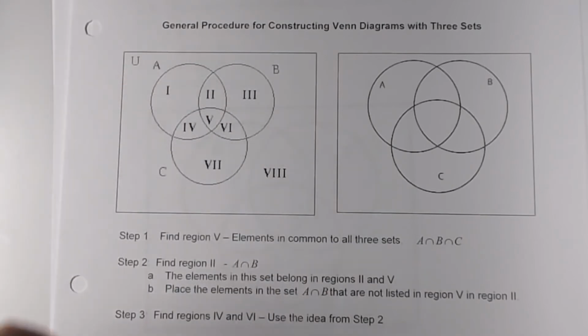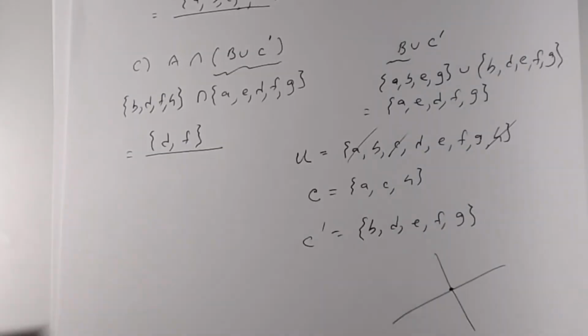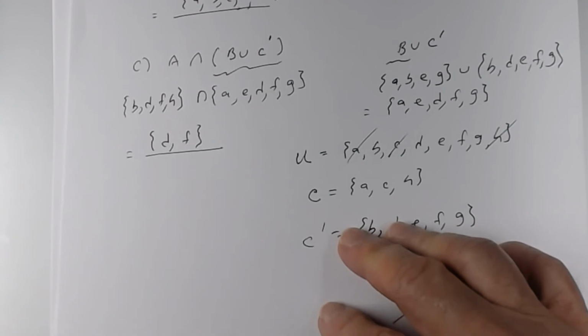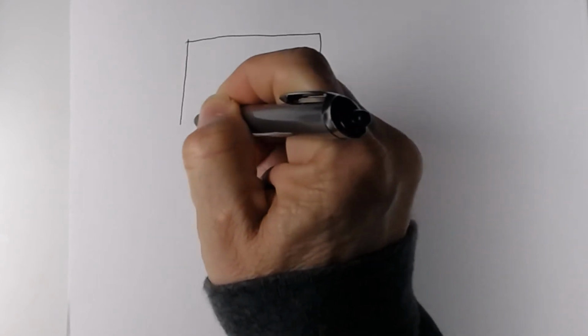Okay? So remember when we only had two circles in our Venn diagram? For example, when we had this right here, we had this universal set.